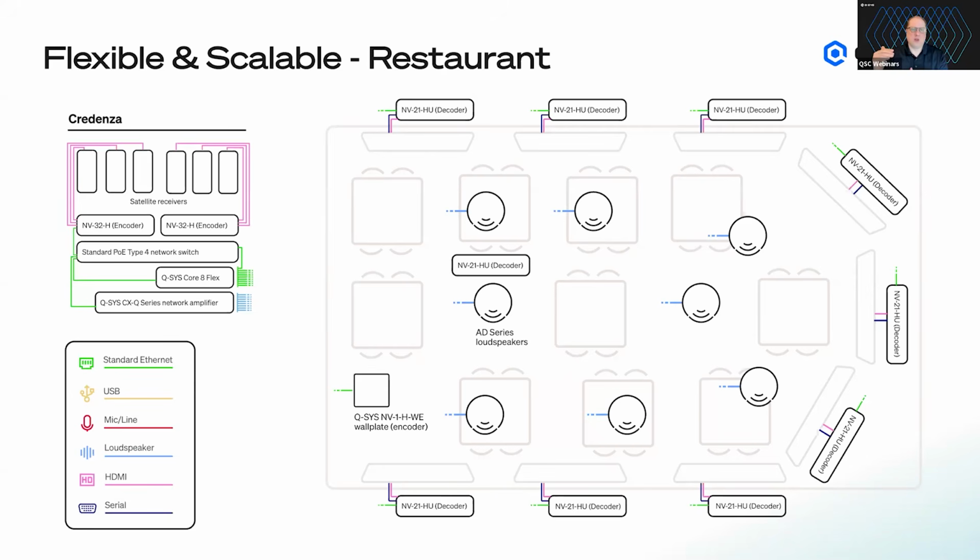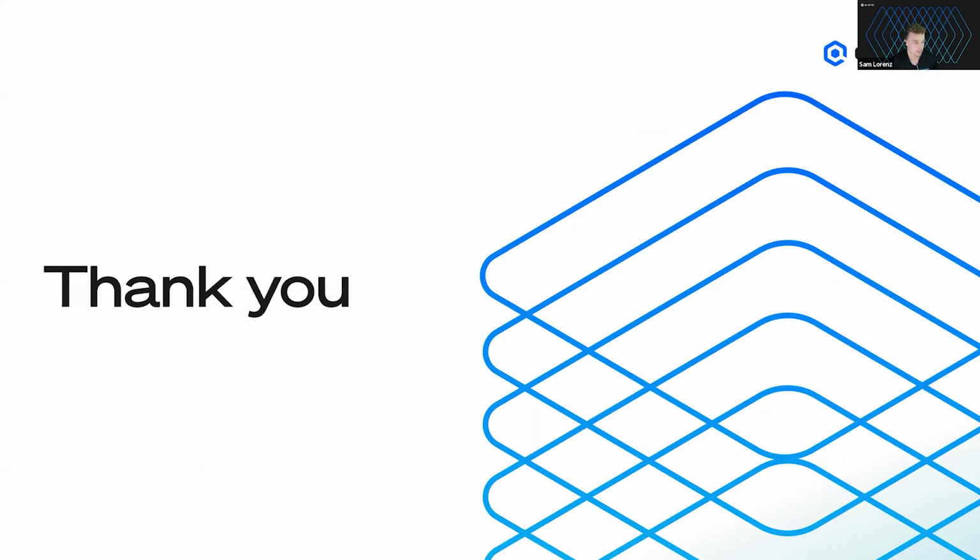So either locally presenting because it's the decoder, or the instructor's presenting to everybody all at once. It really makes it great for those breakout applications. Absolutely. And that is all I have today.